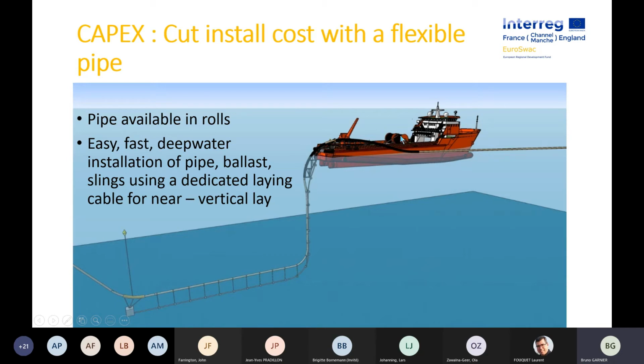And then both of them are connected as the boat is going further. And so we have easy, fast, deep water installation of pipe using a dedicated laying cable for near vertical lay.